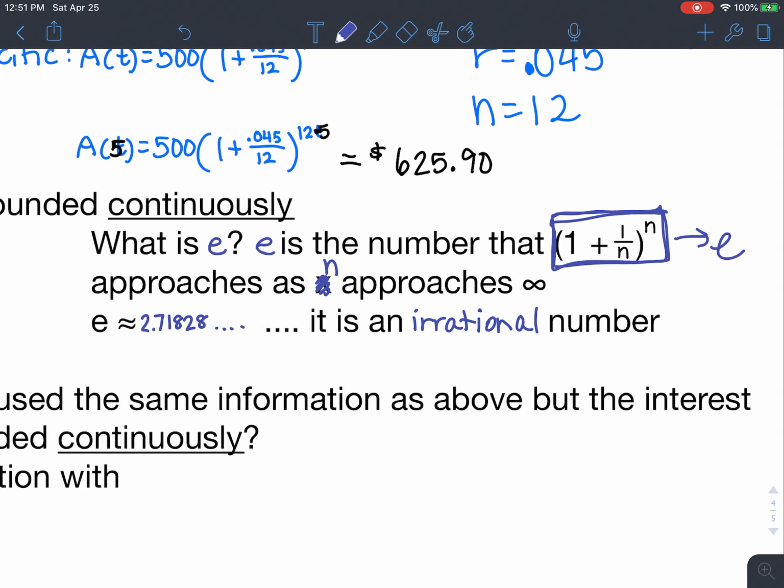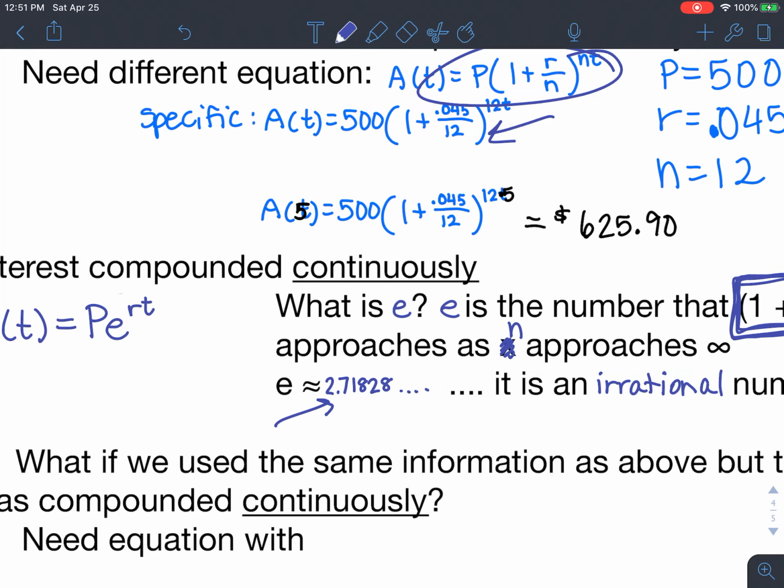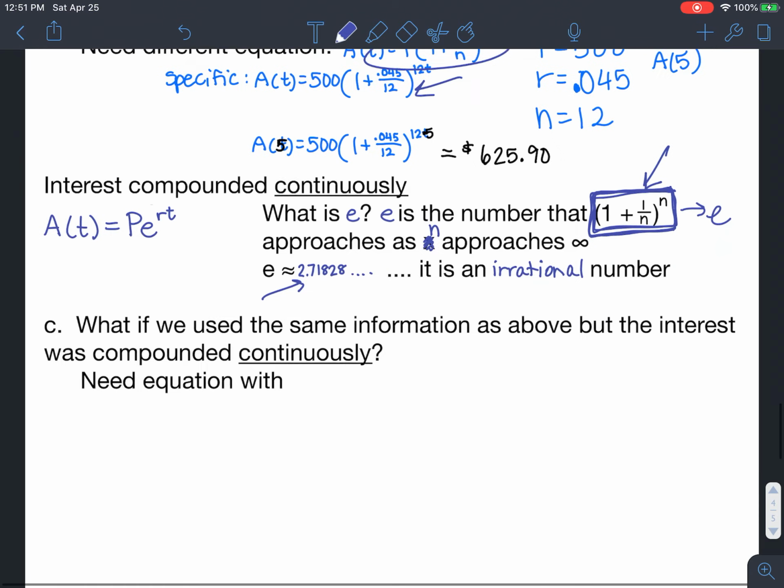So if you were to type this in the calculator and you were to put in larger and larger values of n, you're going to get closer and closer to this kind of bizarre number. So if you compound interest more and more and more frequently, you can just forget this whole equation and just use this one, which is a lot easier.